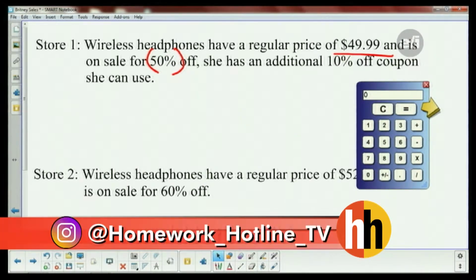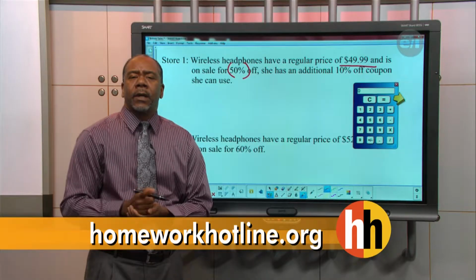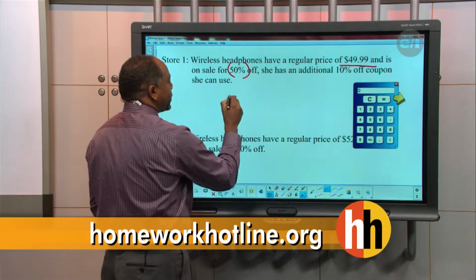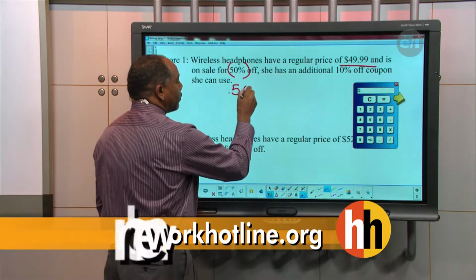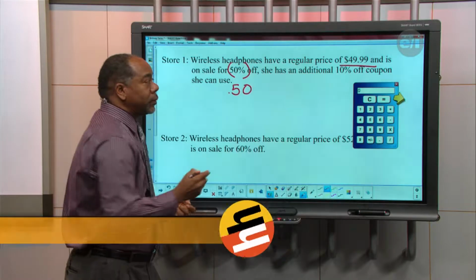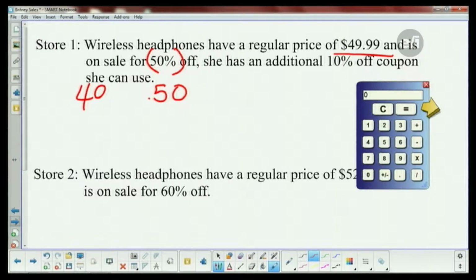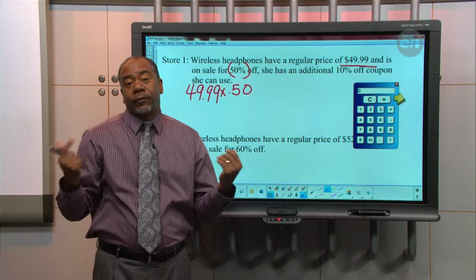There's a couple of ways we can figure out 50% off. We can do it like Craig was doing before, but I'm going to change this 50% to a decimal and multiply it by $49.99. The result will be half, or 50%.